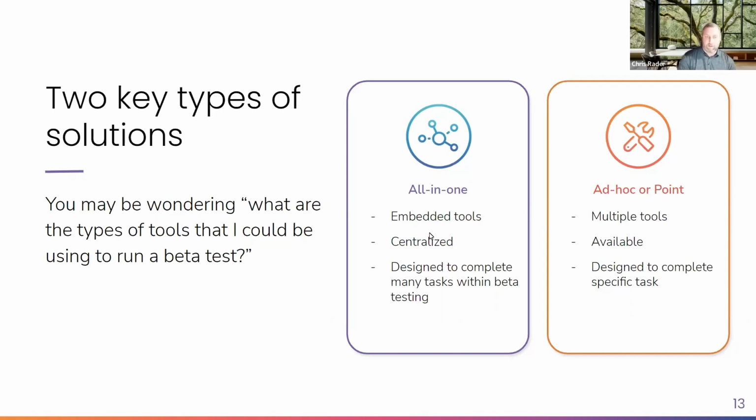That's very important when you're thinking about investing in a tool, because these are the different things that you need to compare. Like, okay, I could use SurveyMonkey and Google Spreadsheets or Microsoft Excel, and I'm probably going to use Jira, but am I going to use some kind of forum tool? How am I going to recruit those people?